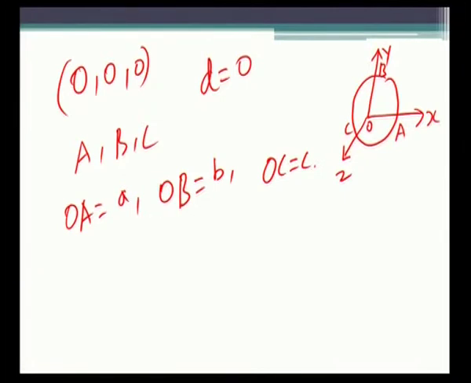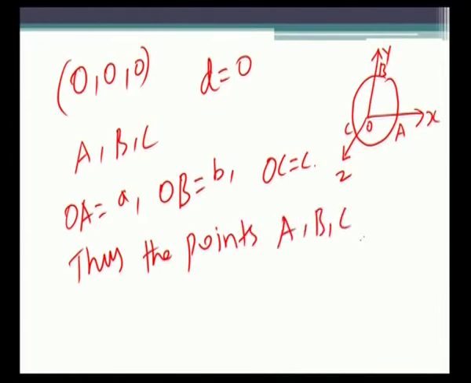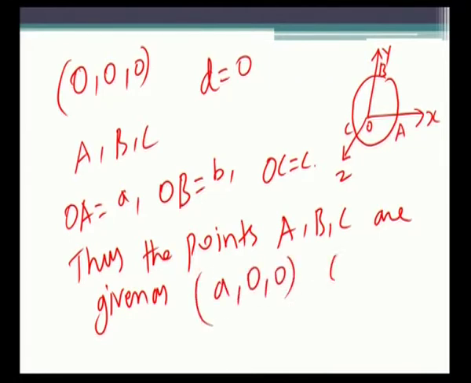Thus, the points A, B, C are given as (a, 0, 0), (0, b, 0) and (0, 0, c).